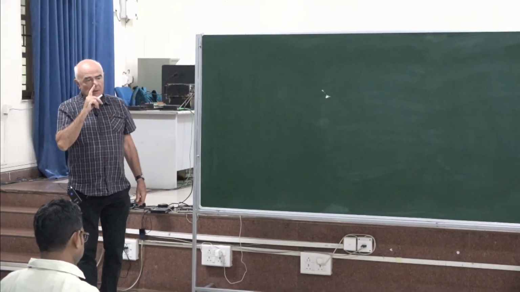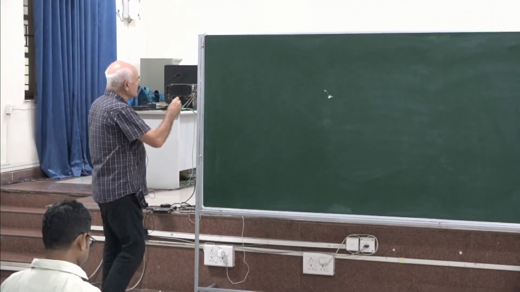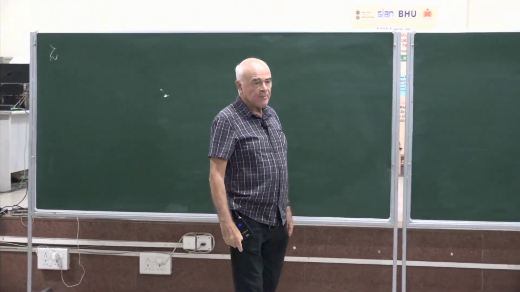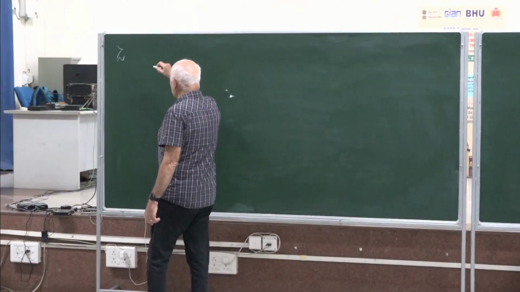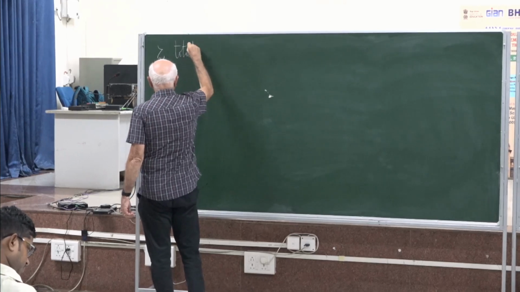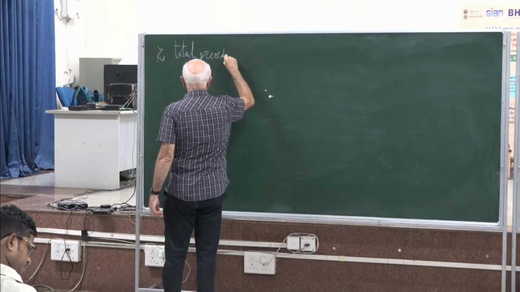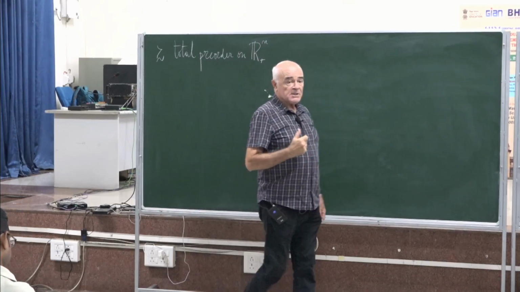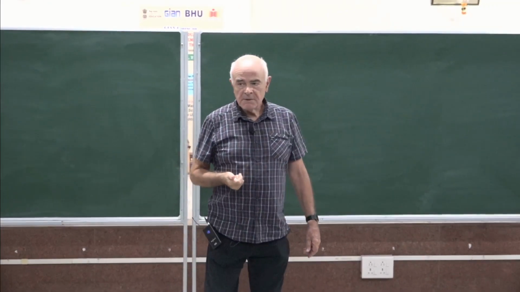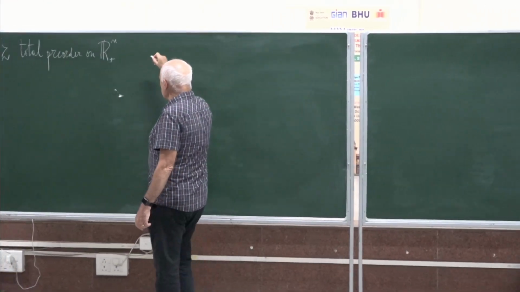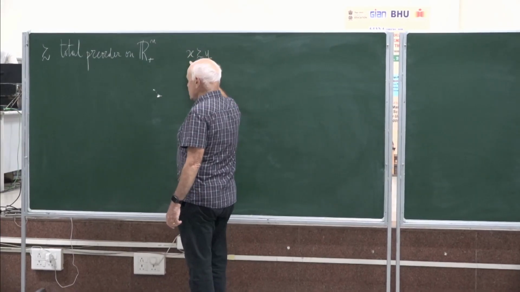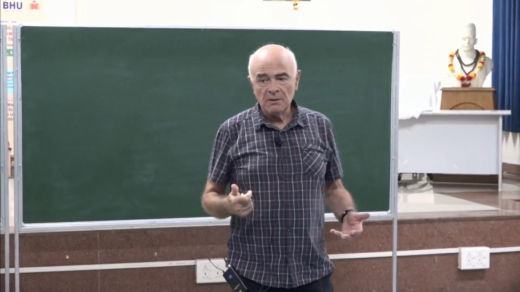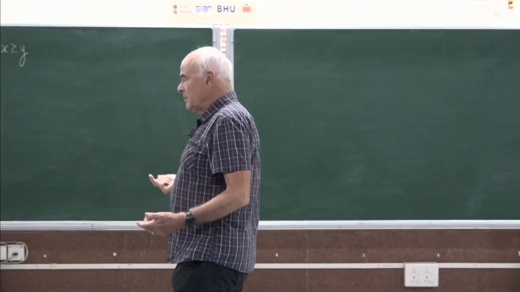We assume that the consumer has preferences represented by a total pre-order on R plus N. R plus N is the set of commodity bundles, and this total pre-order means that X is related to Y, means that the commodity bundle X is preferred to the commodity bundle Y, or that they are indifferent.